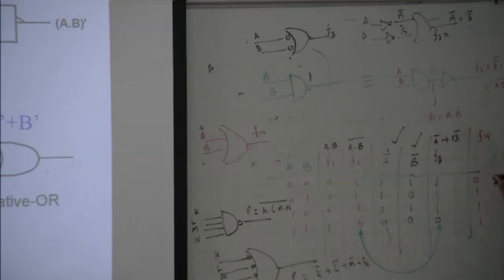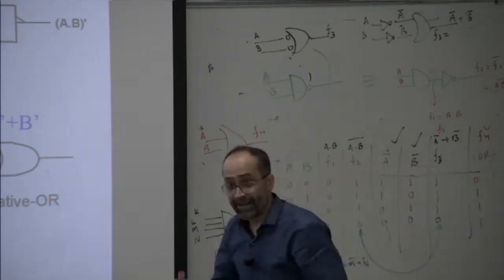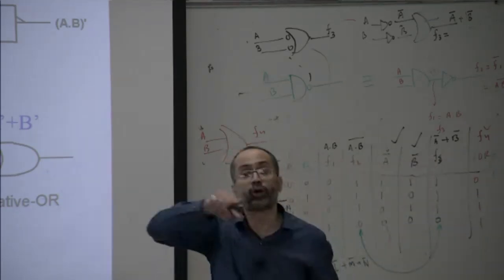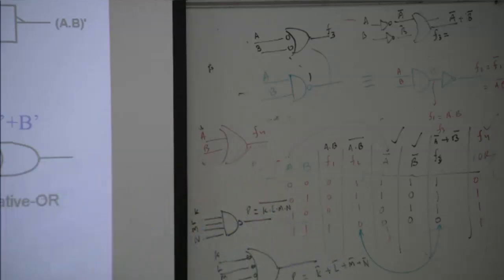Now we want to compare F4, which is the OR gate, with F3. I'm now answering your question. Are these functions the same or different? Different. Since they are different, how can you say they are the same? So a negative OR gate is not equivalent to an OR gate. Okay, now we proceed further.